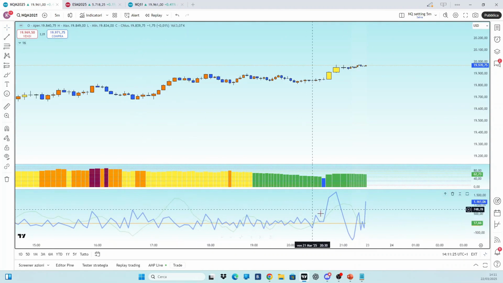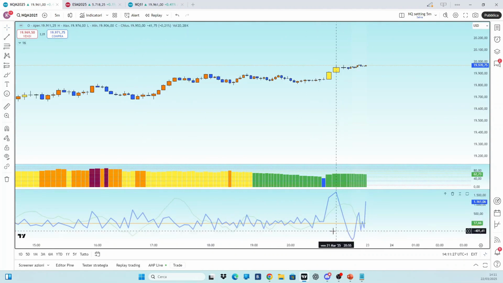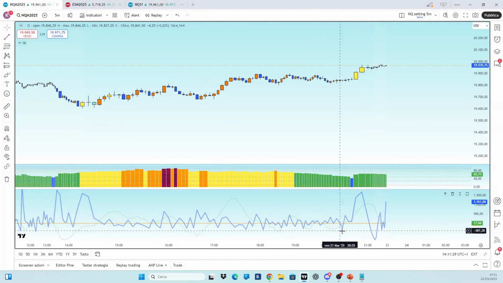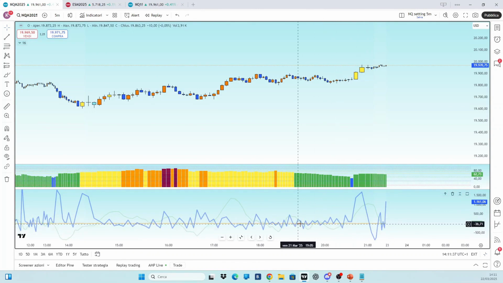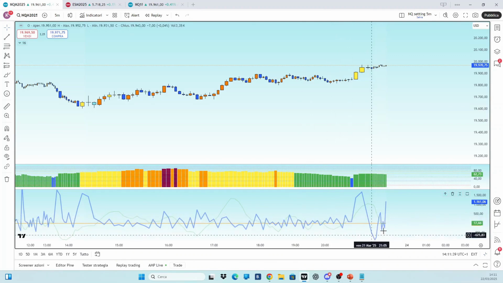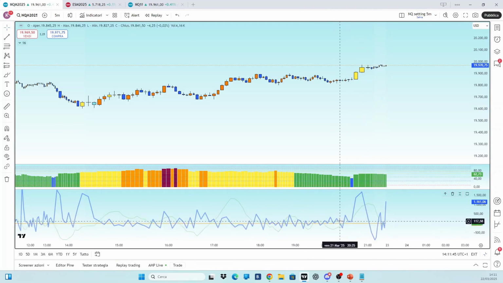The green line is the one to follow, the blue one. It represents acceleration, so if the volumes are surpassing, driving the movement. And this orange line instead represents, let's say, the median, the point of balance.